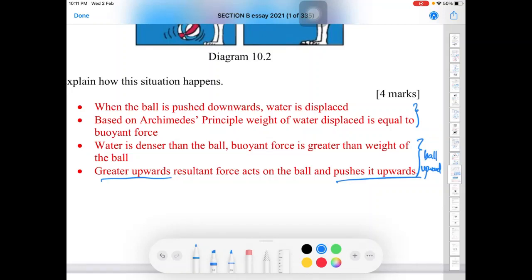Cerita dulu bila push, apa jadi? Bila push, water is displaced. So water displaced is equal to the buoyant force. And then water tu is denser than the ball. So the greater upwards resultant force. Okay, upward resultant force maksudnya ada buoyant force, ada weight juga, dia boleh overcome the weight. Sebab buoyant force is greater than weight lah. Dari bawah tu, sebab tu dia akan tolak naik.